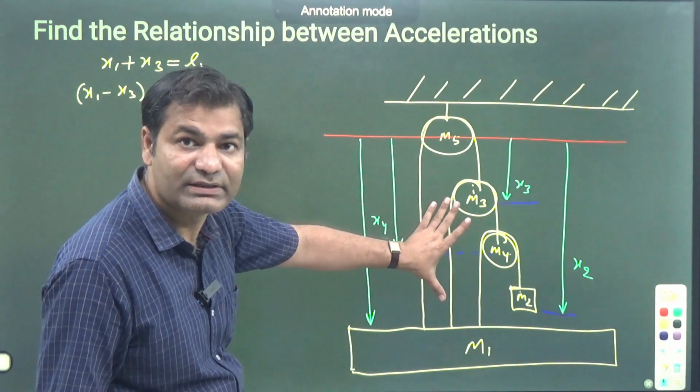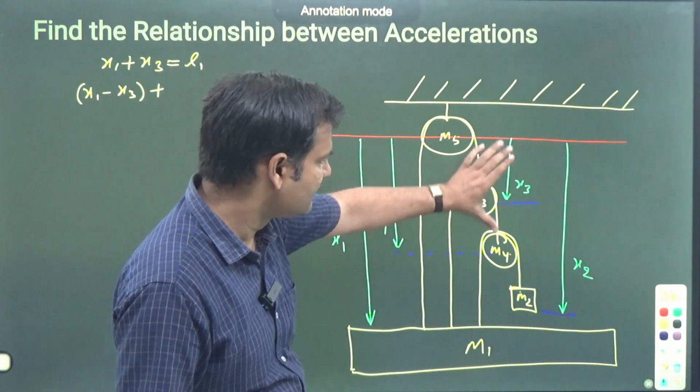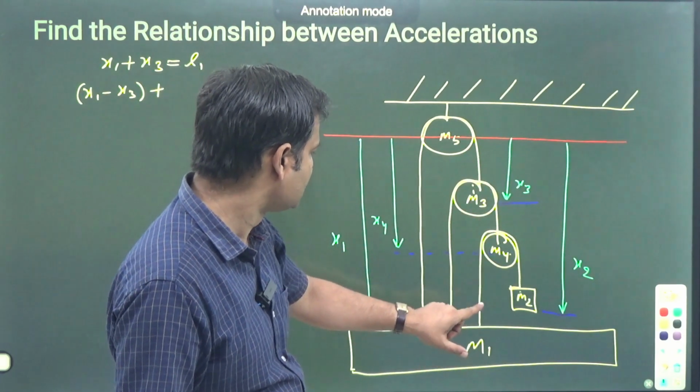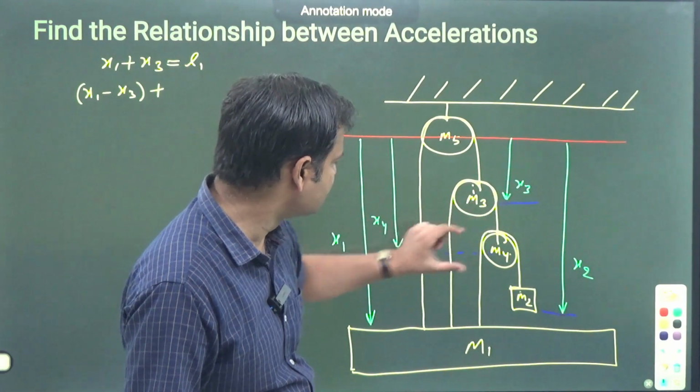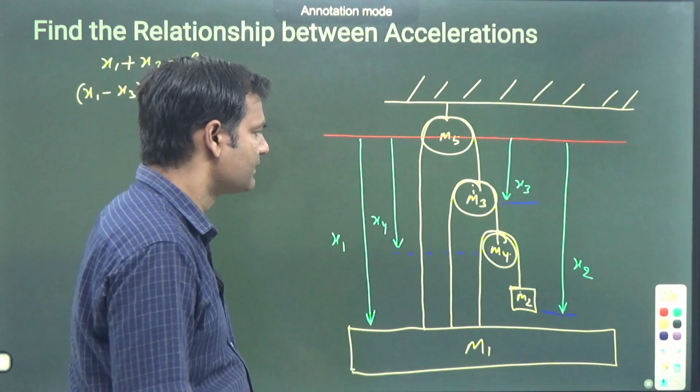So the length of that one is x1 minus x3. What about that length? That is x4 and here x3. So x4 minus x3. Clear or not?